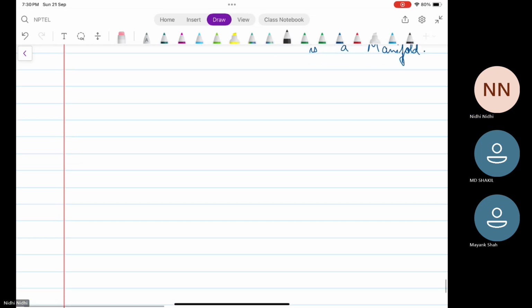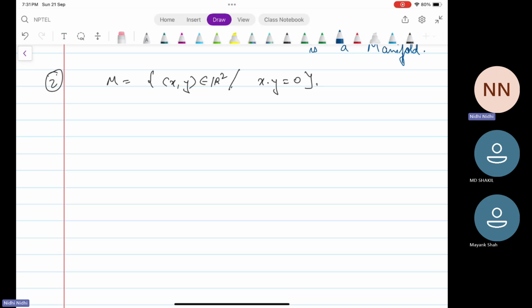If we see the set of points M, (x, y) in R^2 such that x times y is equal to 0. Now, suppose this is a manifold. In that case, we can find a function f such that this M is the graph of that function.